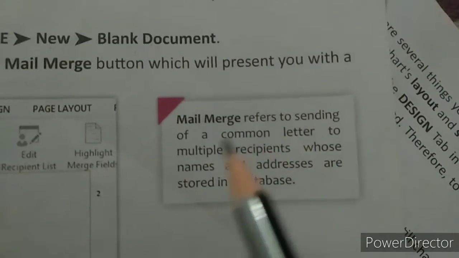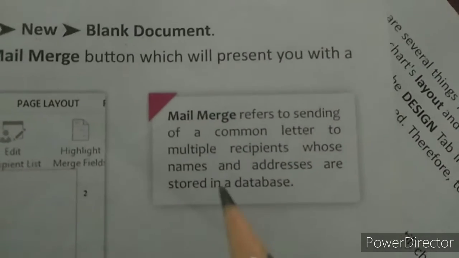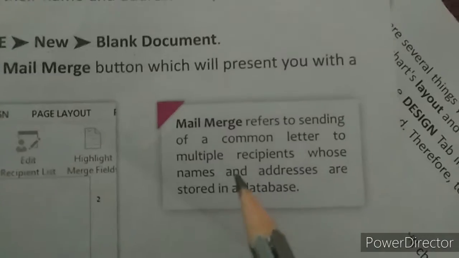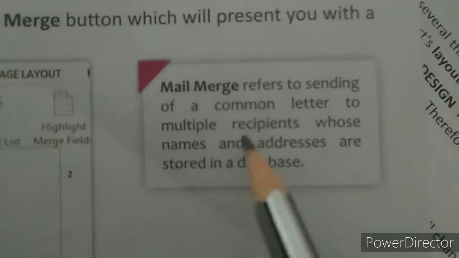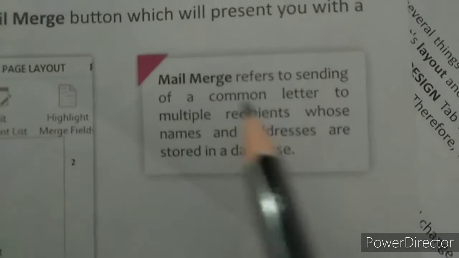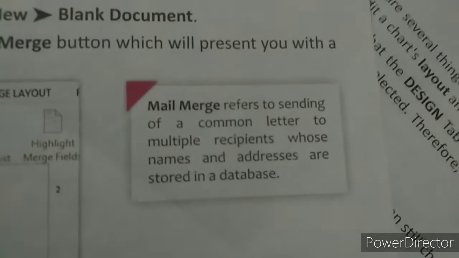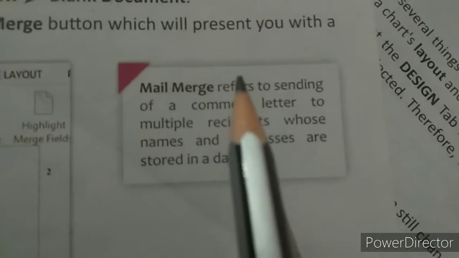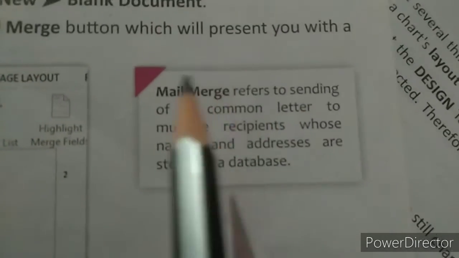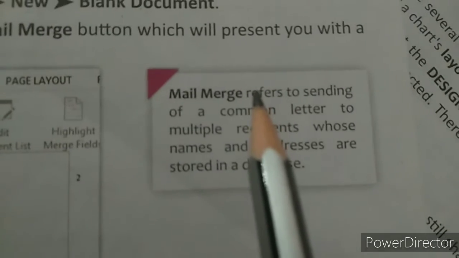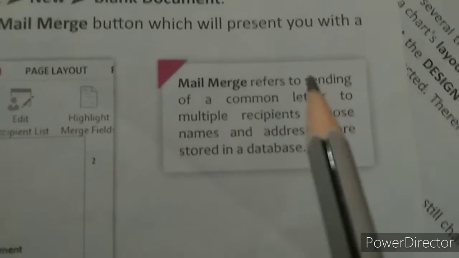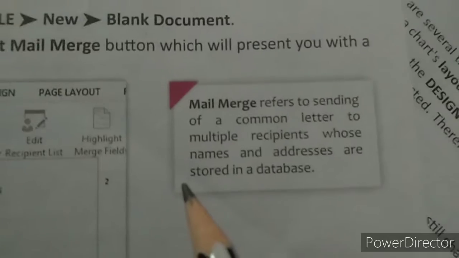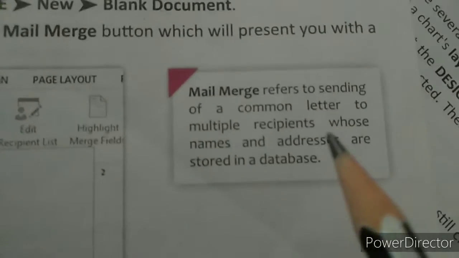It means if you have a list of names, addresses, titles, company names, etc., and you want to send the same mail to these persons, then you can use this utility, this option of mail merge, and you can send the same mail to thousands of persons whose database you have.